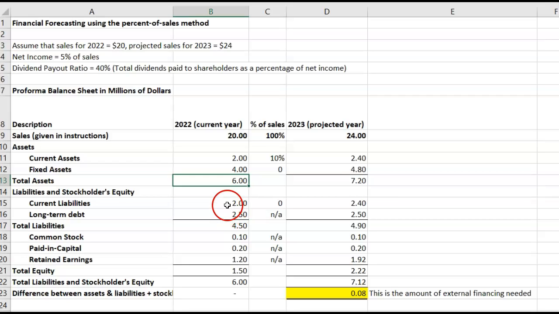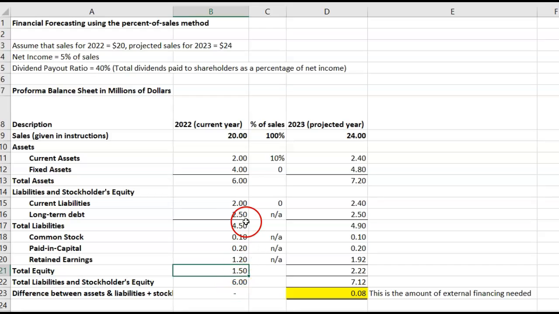Our liabilities, our current liabilities, this would include things like accounts payable, liabilities that need to be paid in the next year, are 2 million. Long-term, these would be our loans possibly, 2.5 million. So this is just the sum of our total liabilities, which is 4.5 million. And then we've got our stockholders' equity section. So we've got common stock, paid in capital, and retained earnings. So our total stockholders' equity is $1.5 million.